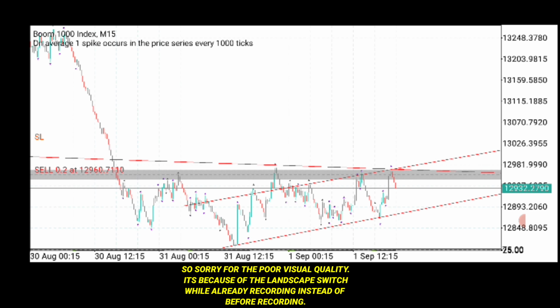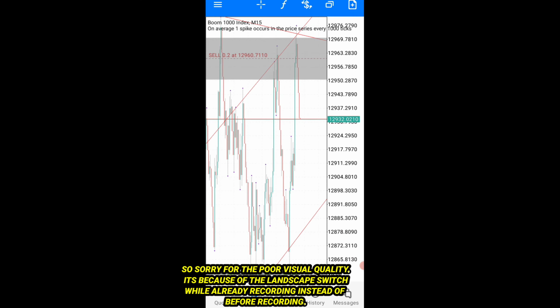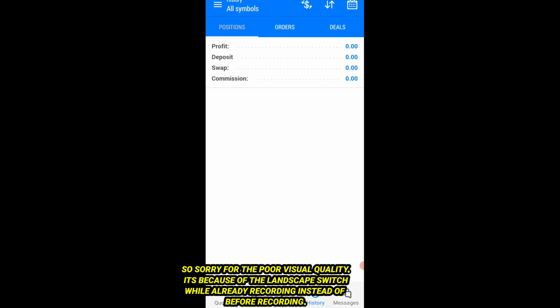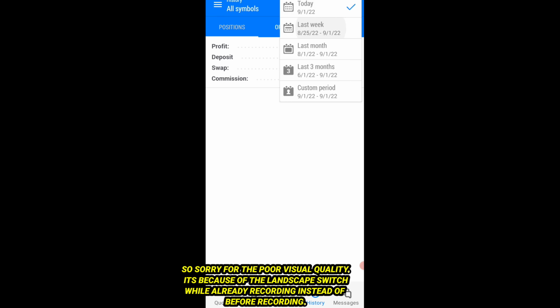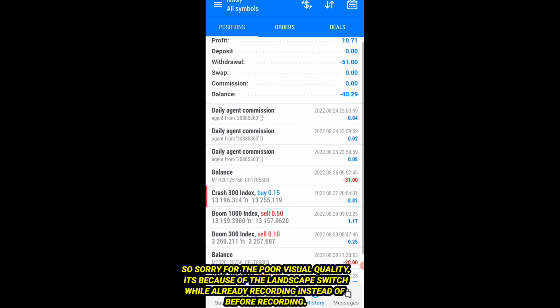Let's go landscape so that you have a clearer picture of what I've done right now. Now, I've demonstrated on this channel that your account size doesn't really matter. Before we go landscape, let me just quickly show you that this is my commission account, and of course you can hardly see anything red on this account.